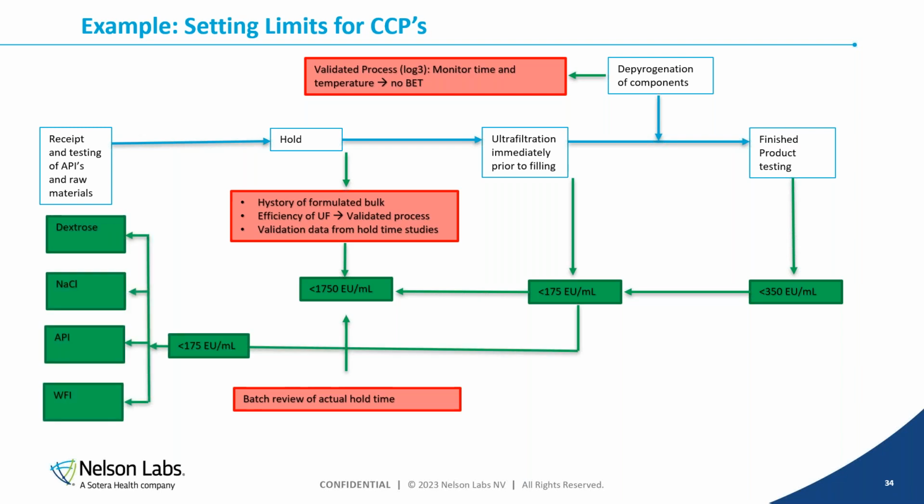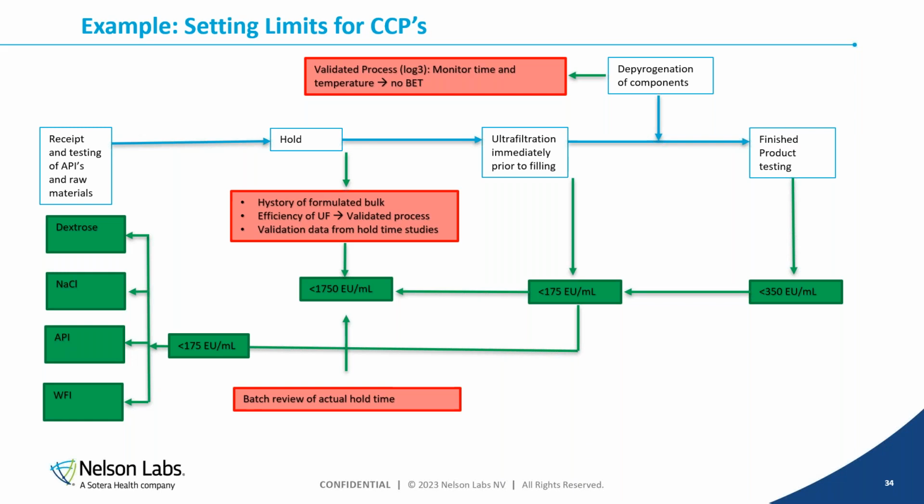And then finally, this is a little more complex than setting the other limits. We look at our raw materials. We have 4 different raw materials. We use the same limit for the total product of 175.